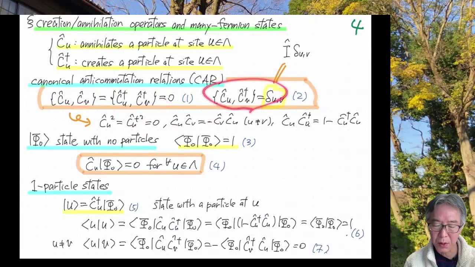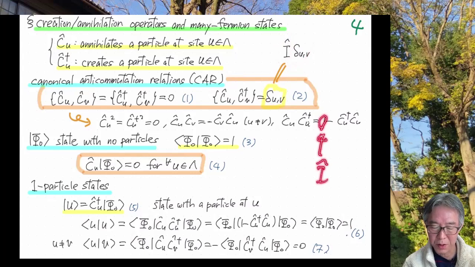And when u and v are the same, and you change the order of C and C dagger, of course you get minus, but since we have the Kronecker delta, you get an extra 1. Oh, I'm sorry. When I say delta, this is a bit of an abusive notation. I always omit this identity operator. So I say 1 here, but if you want to be super rigorous, this is the identity operator. But I'm going to use this sloppy notation.